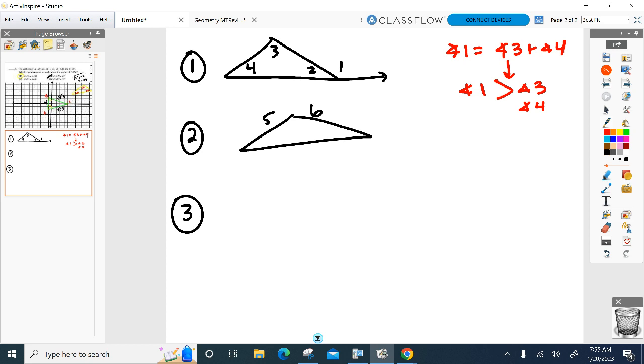What's the theorem or what's the fact you're putting that into? Sum of two sides must be, when I add two sides, it's got to be greater than, not greater than or equal to, greater than the third side.